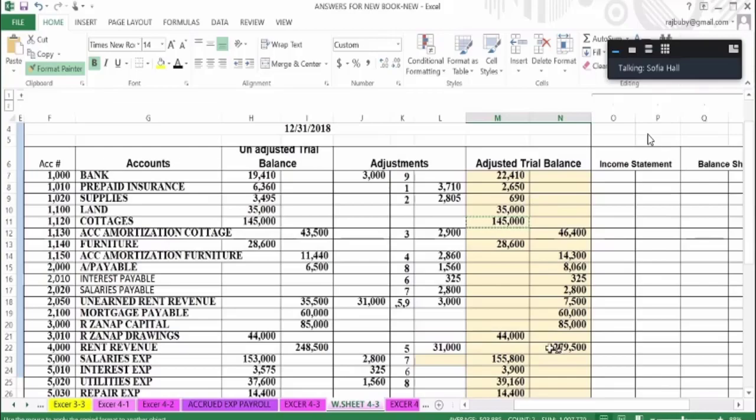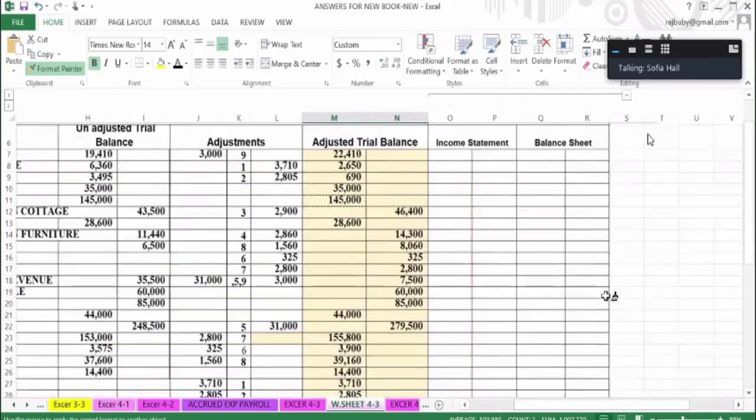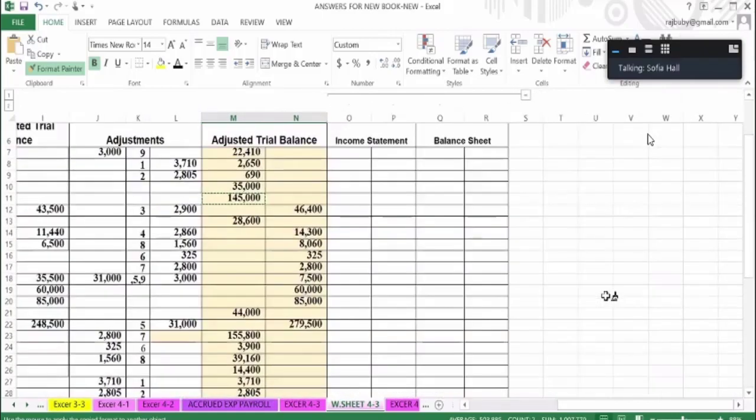From that, after you finish, you are going to prepare the income statement and the balance sheet.